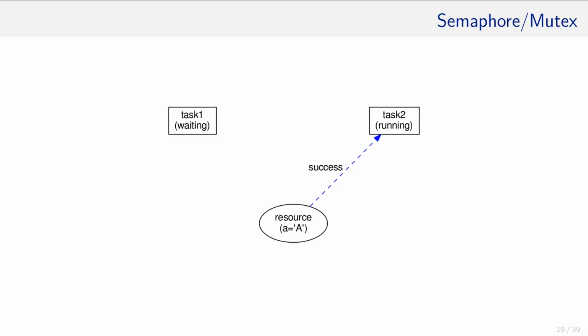Since nobody has the token at the moment, task 2 gets it. Then task 2 asks if the resource is full, which it is. Since task 2 wants to write B to the buffer, it cannot proceed at the moment and therefore releases the resource and waits for some time till it retries.